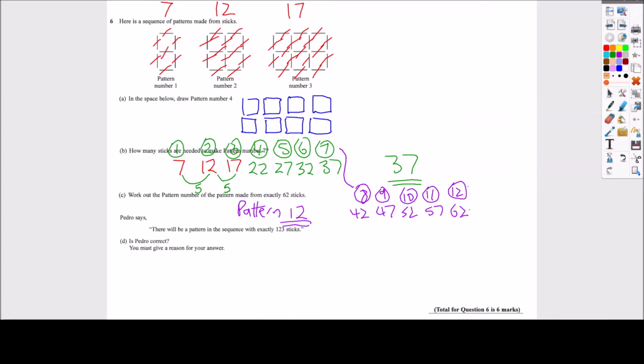Pedro says there would be a pattern in this sequence with exactly 123. Is he correct? Well, we know he isn't, because the numbers are either ending with a 2 or a 7. So Pedro is not correct.